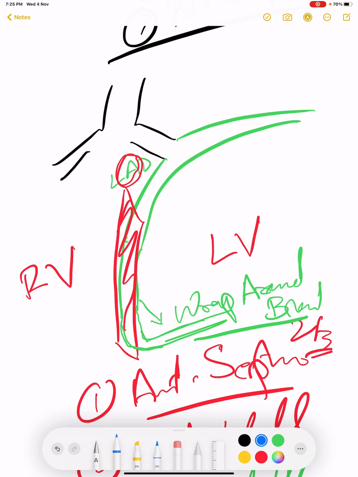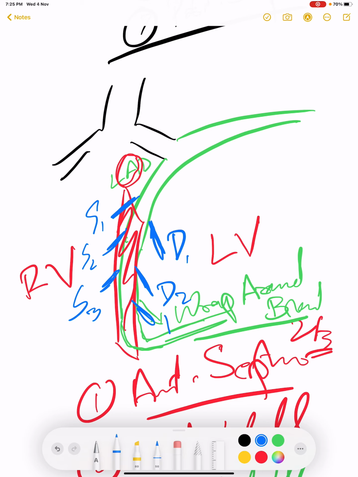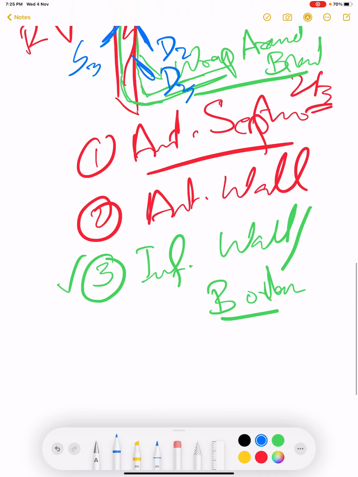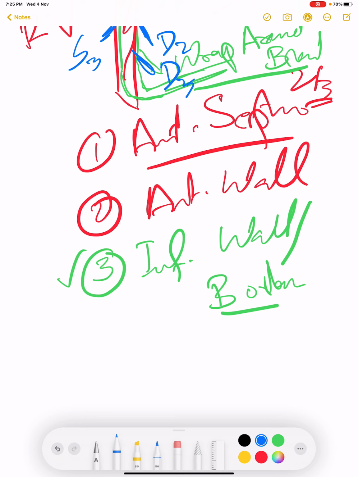When it comes down, there are septal branches which supply the septum, and there are diagonal branches which supply the anterior wall of the heart. So this is all about left anterior descending. Whenever there is a problem in the anterior wall, we will think about left anterior descending.